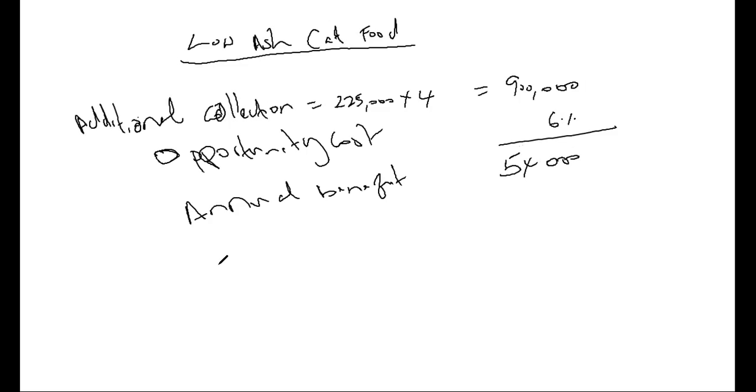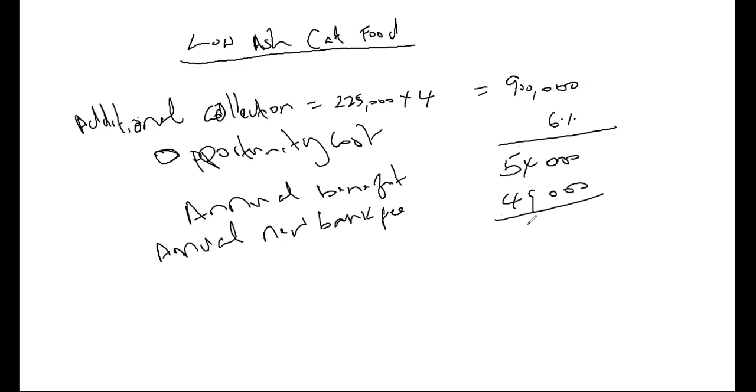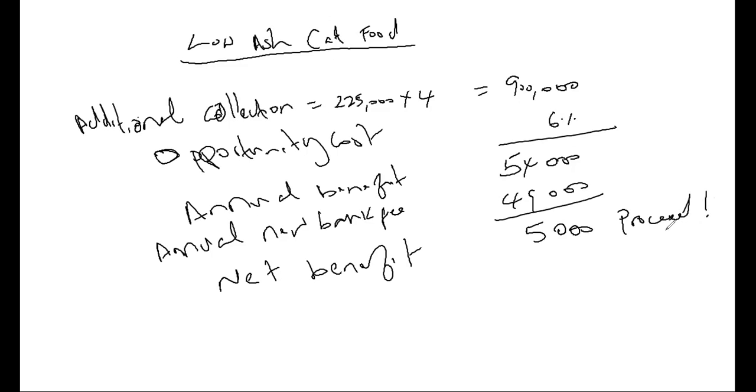And then we have annual banking fees. So this would be the new bank fee caused by this, which would be 49,000. So therefore, what is the net benefit? It would be 5,000. So we would proceed because this net benefit is positive, so CEDA would accept it.